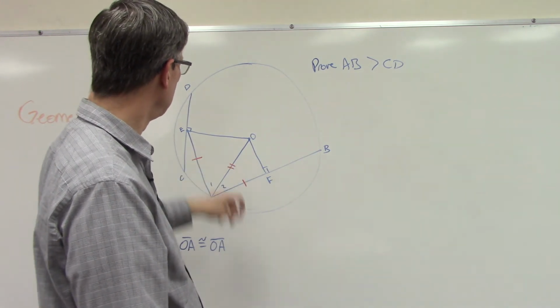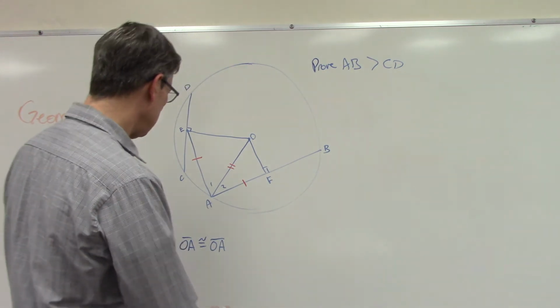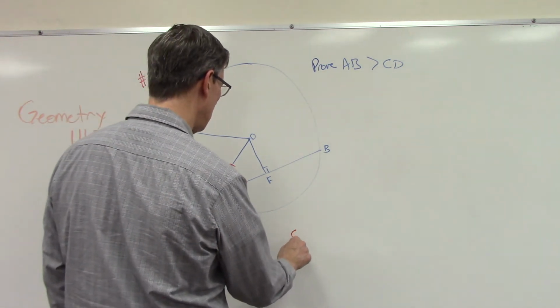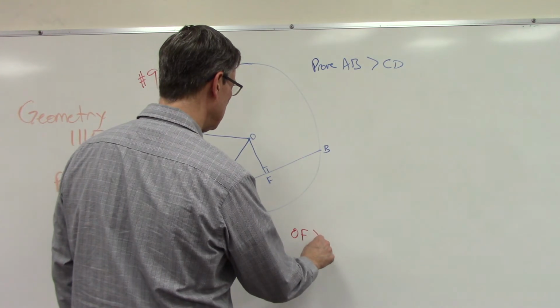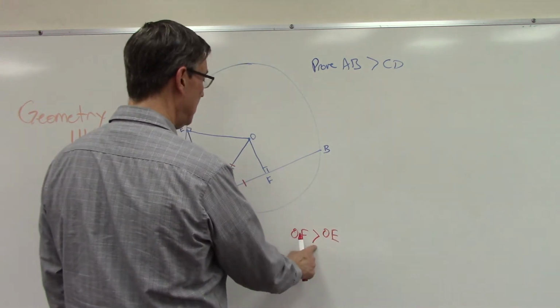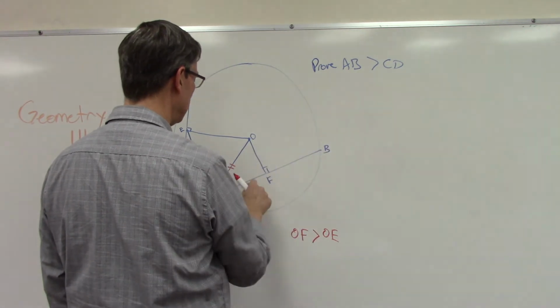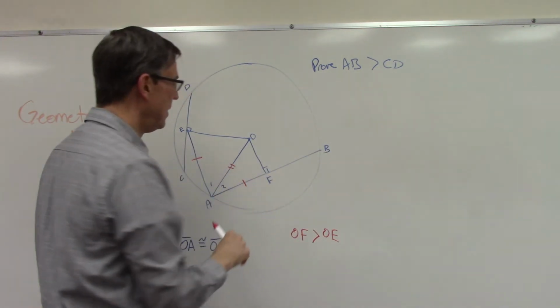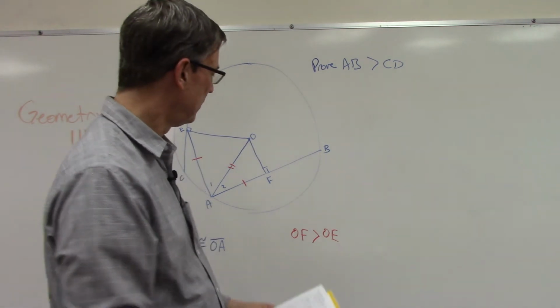OF is shorter than OE. So if I can somehow say that OF is less than OE, then I can make that statement. But how do I get there?